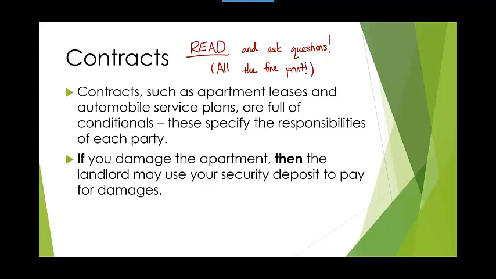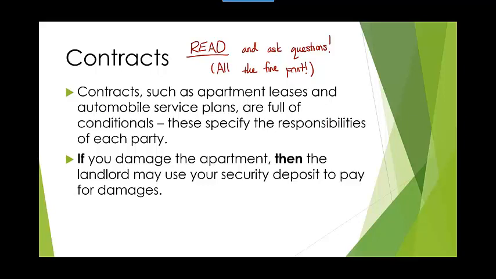So here's an example of what you might see in a contract as relates to security deposits. So when you move into an apartment, you give the landlord a security deposit, and they're supposed to pay it back to you pending certain conditions, hence conditional. And so this is really what you would see in the contract in some form or other. So if you damage the apartment, then the landlord may use your security deposit to pay for damages.